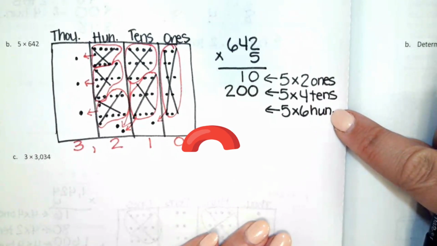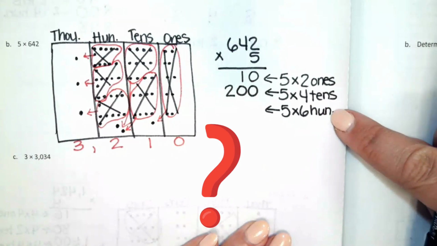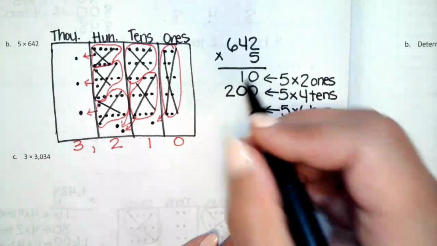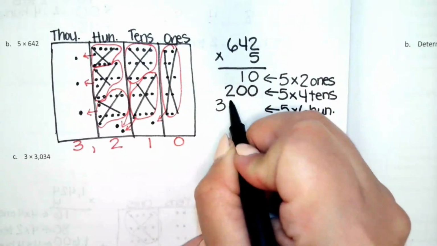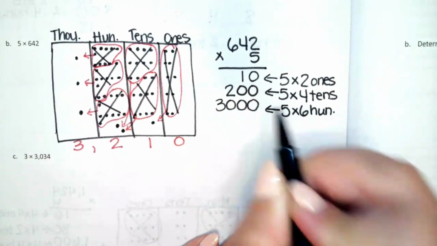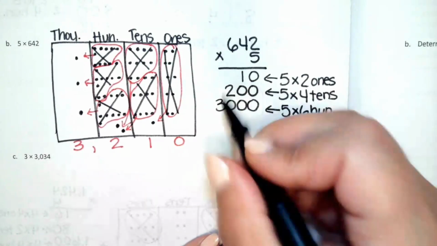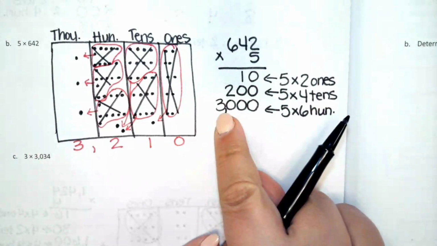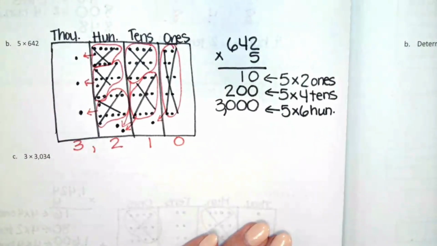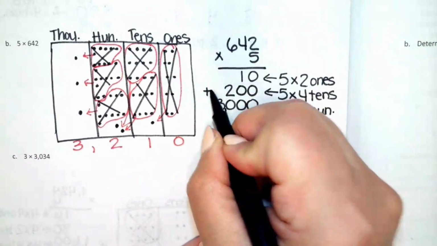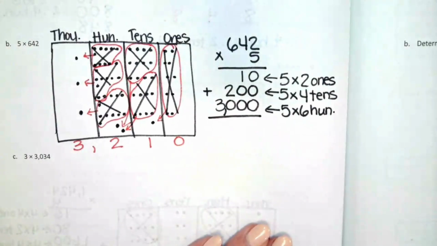What's 30 hundreds? 30 hundreds means we write the number 30 with 2 more zeros after it. Put your comma in. It's also called 3,000. Now we add it all together.